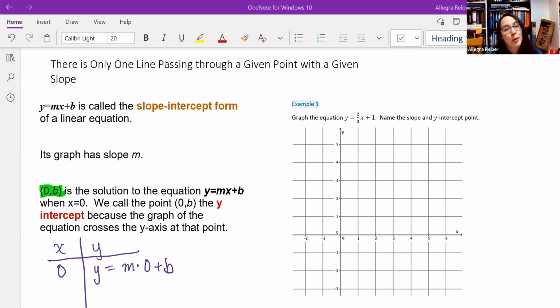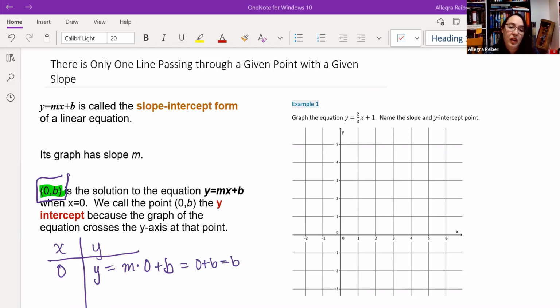No matter what number m is, m times 0 will be 0. So I get 0 plus b, which is just the number b. And that tells me that the point (0, b) will in fact be a point on my line, because it'll be a solution. It'll be part of the graph of the equation y equals mx plus b.